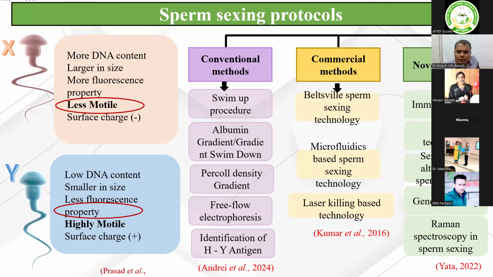At IVRI also people are working on microfluidic-based sperm sexing technology, and they are also working with some drug where you can immobilize or reduce the motility of X spermatozoa so that you can separate the X and Y more efficiently. So these are the technologies.